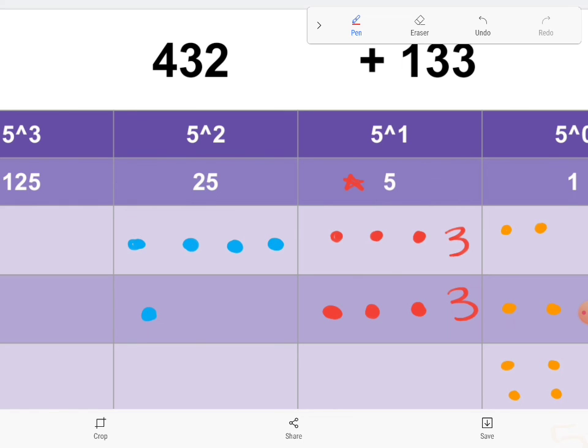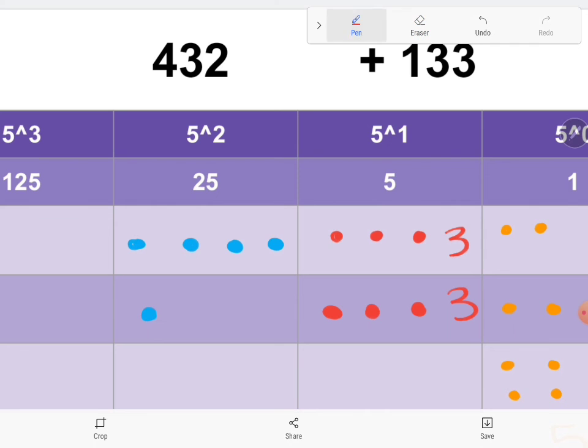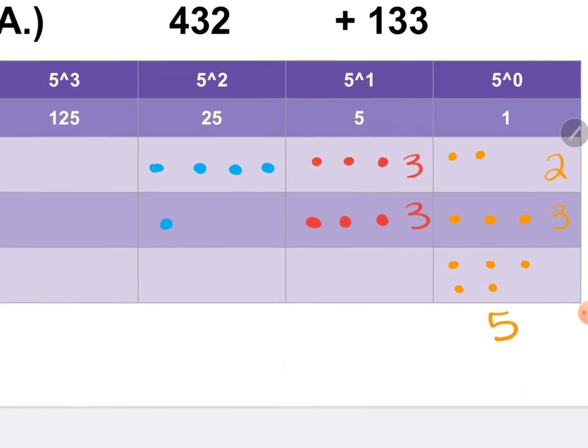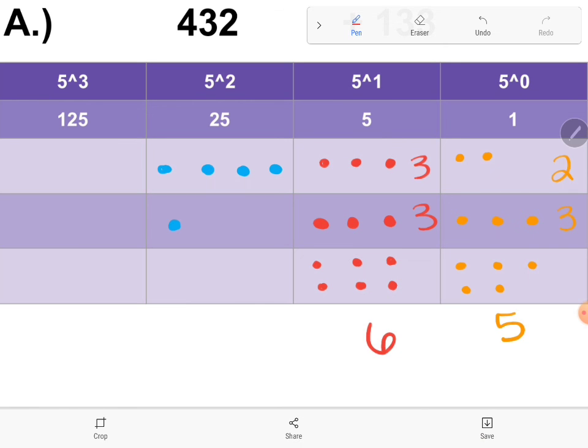Whoops, I apologize. I believe I misread that. We're going to go ahead and add 3 plus 3, and we will have 1, 2, 3, 4, 5, 6 dots all together. So we'll put our 6 right here.